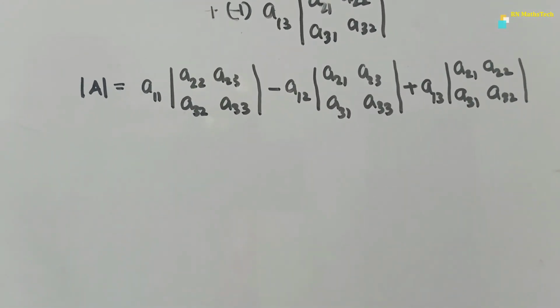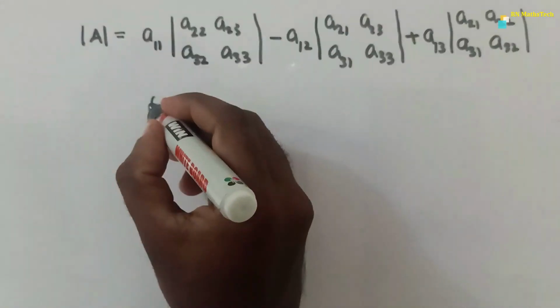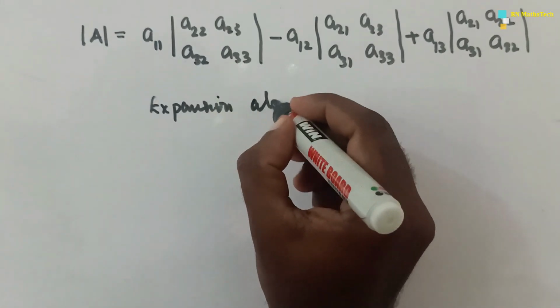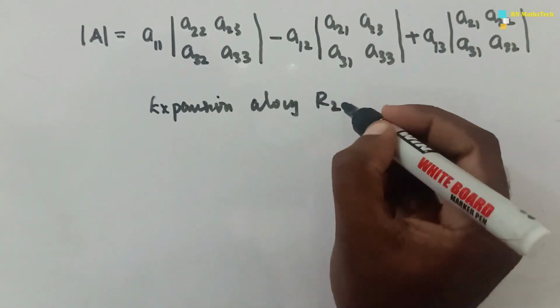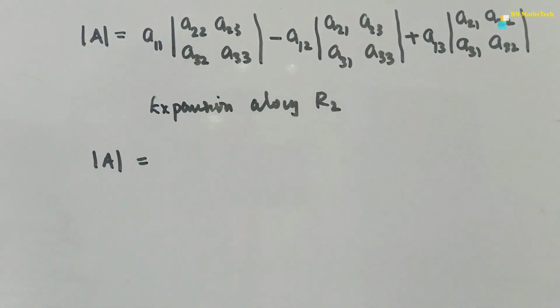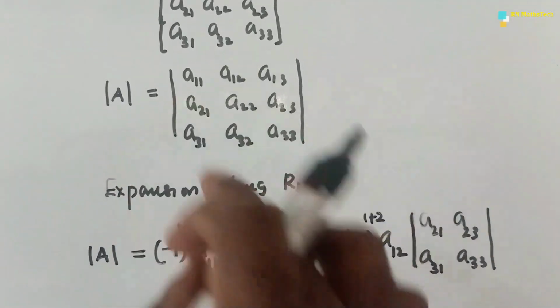Now we can expand this determinant along the second row. Expansion along R2, determinant of A is equal to, in this R2, the first element is A21.